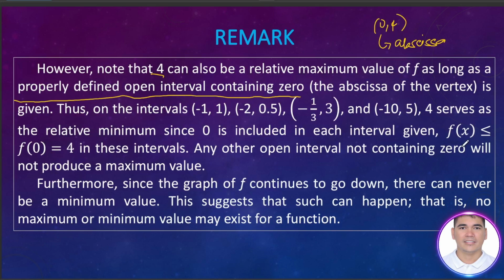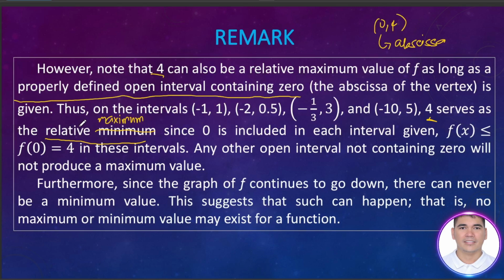So 4 serves as the relative minimum, since 0 is included in its given interval. Rather, 4 serves as the relative, that is not minimum. Instead, this is maximum.